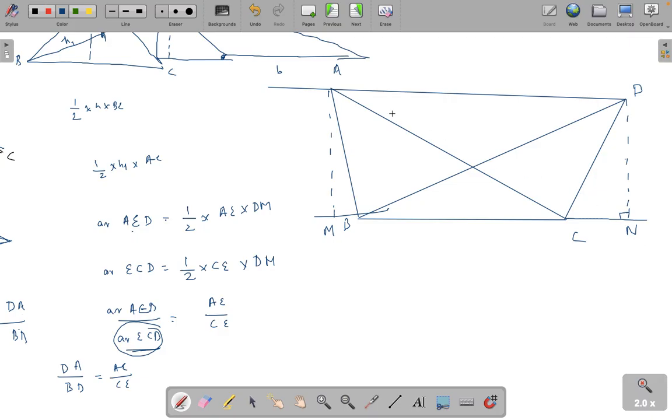Yes, because these two are parallel lines, so the distance between parallel lines remains the same no matter where you measure. So the area of the first triangle would be half times BC times AM, and the area of the second triangle would be half times BC times DN.